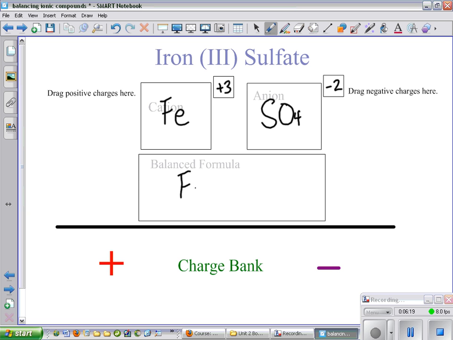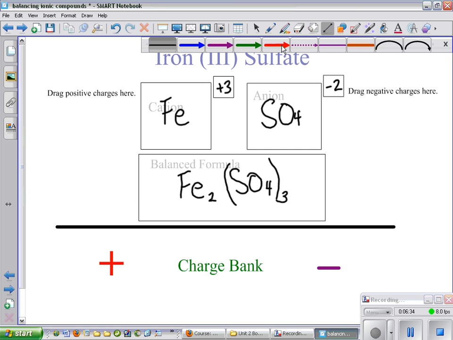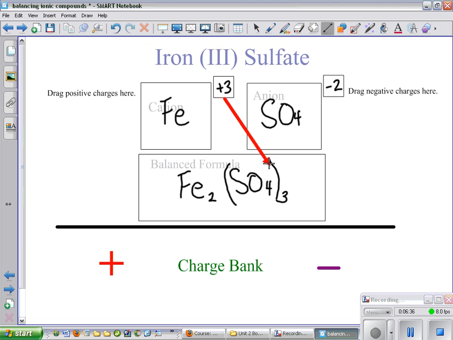When we balance it, we'll need 2 irons to balance 3 SO4. SO4 stays all together, so we put it in parentheses, and we'll give it a 3, and you'll notice that the 3 gets copied here, and the 2 gets copied here.